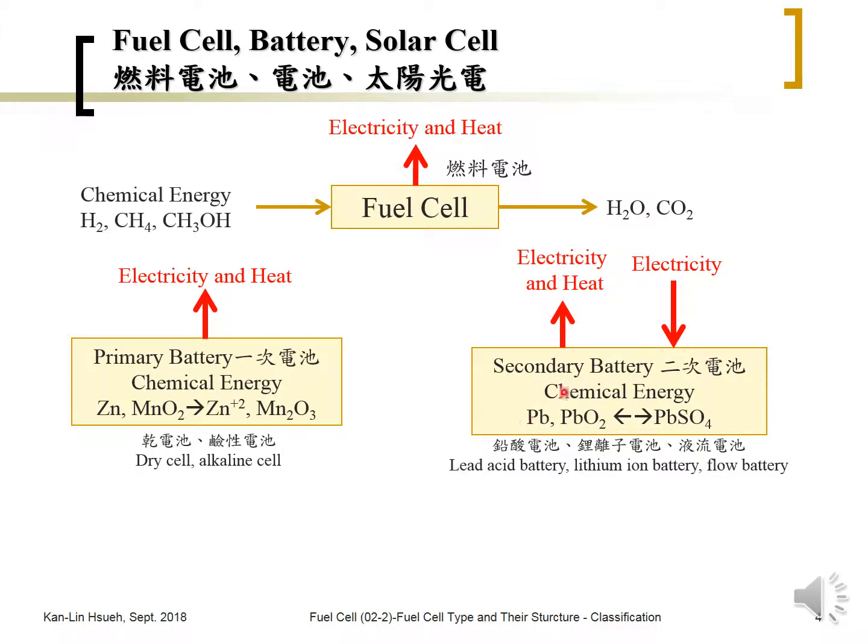When all the active material is exhausted, the battery stops discharging. But since this is a reversible reaction, you can charge the battery by feeding in electricity externally, making the reaction reverse and become the original reactants, and then the battery is ready to discharge again.